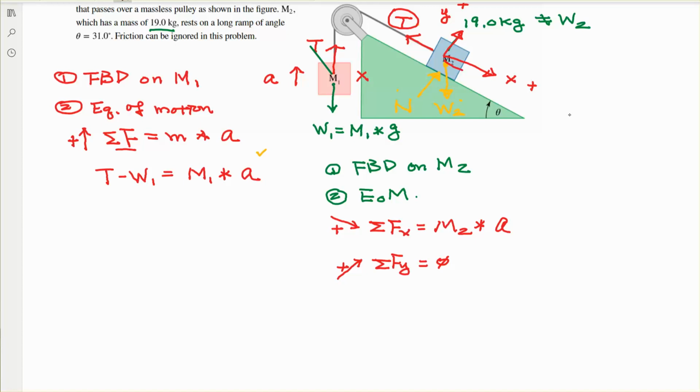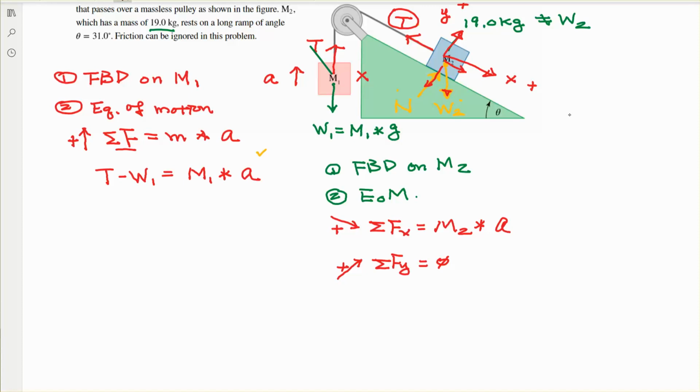If you look at the weight, I can decompose the weight into different directions, right? Some part of the weight goes in this direction, some part goes in this direction, such that if you sum these two, it will be equal to the weight.